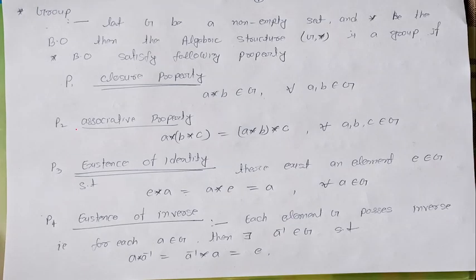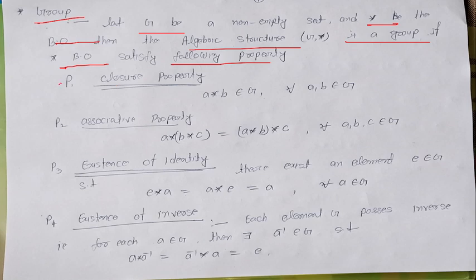And the fourth structure is the group, which is the one we are interested in today. Let G be a non-empty set and star be a binary operation. Then the algebraic structure G star is a group if star satisfies the following properties. First, the closure property, or you may say the binary composition, is satisfied. Second, the associative property: A star B star C means that the associative property allows you to put brackets anywhere and then calculate, and there is no effect on your final answer.